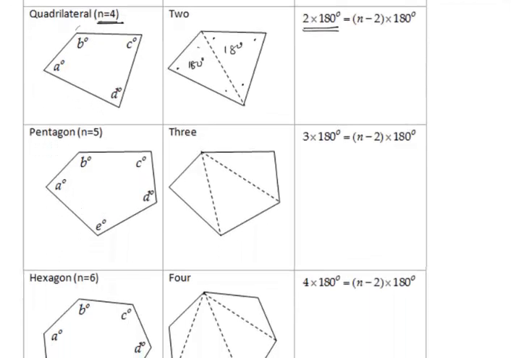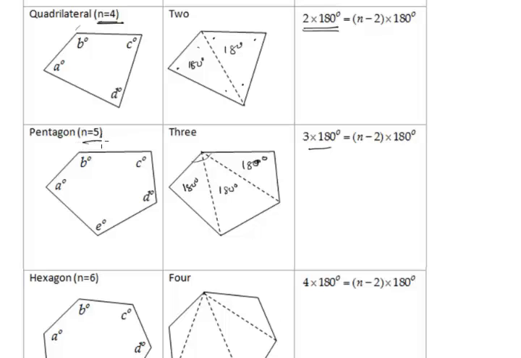Let us consider a pentagon. A pentagon has 5 arms, so 5 angles. We can divide a pentagon into 3 triangles. Each of the triangles will give 180 degrees, so the sum of all internal angles will be 3 times 180.